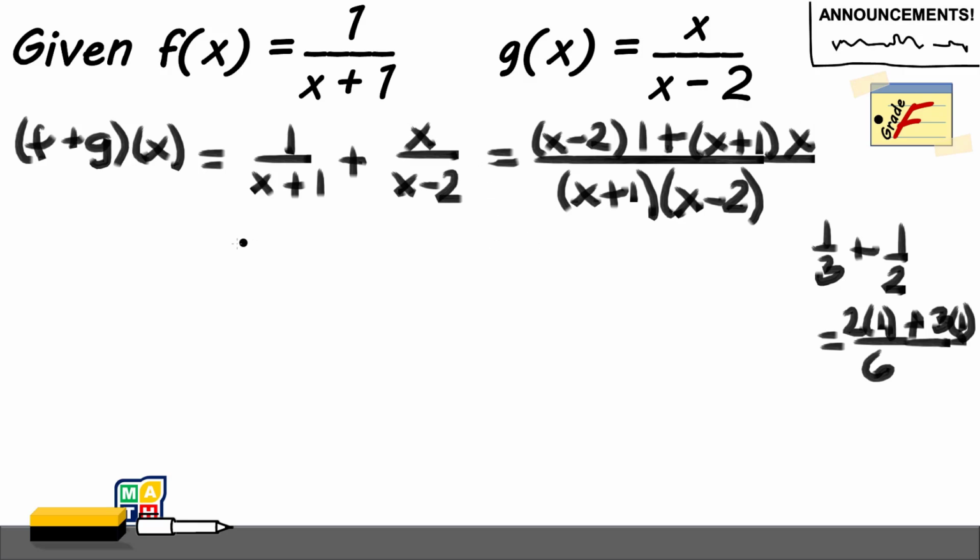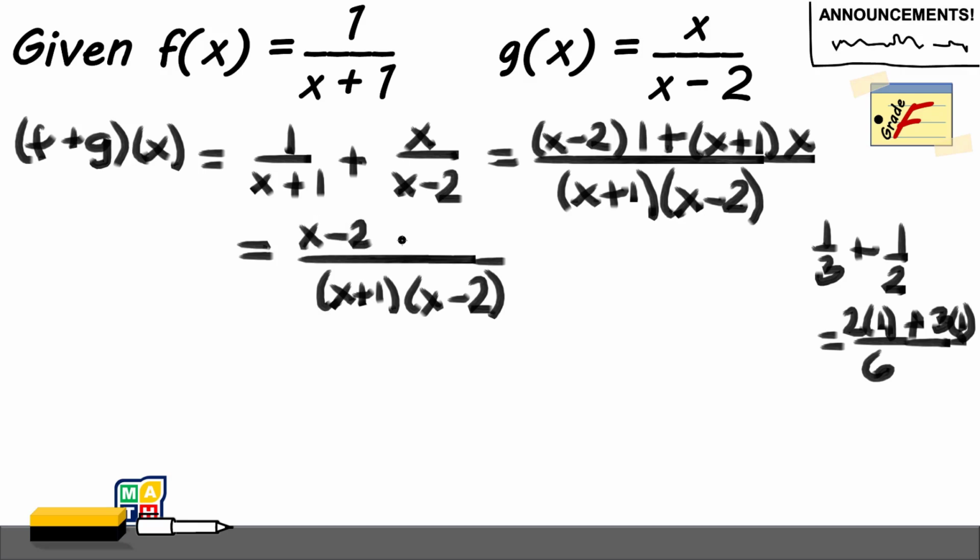So after this, we simply multiply the numerator. Again, leave the denominator as it is in the meantime, and let's check later if there's something that we could do to cancel one or both. If there's none, then we stick with the denominator as it is. So when you multiply this, you will have x minus 2, because that is x times 1 and negative times 1.